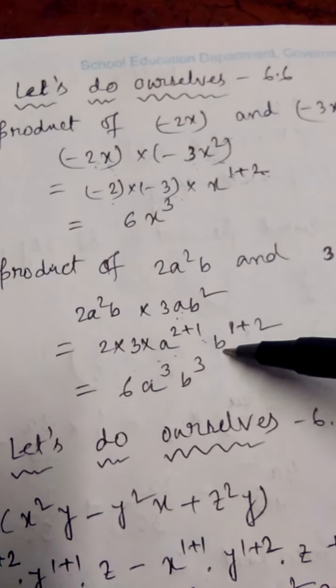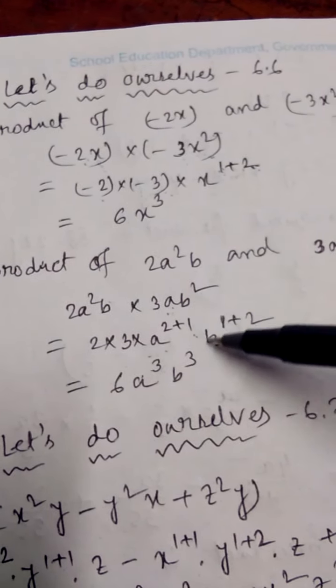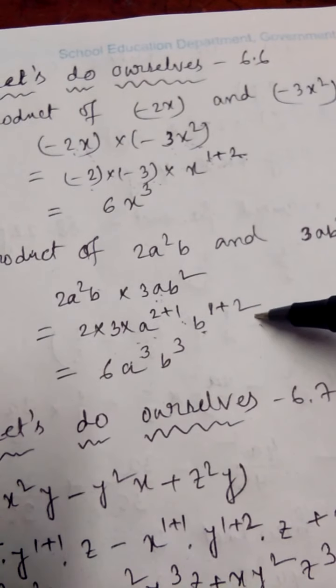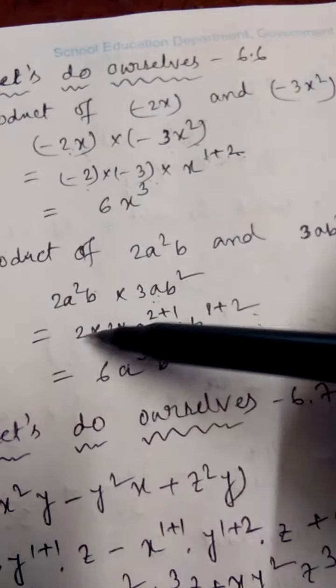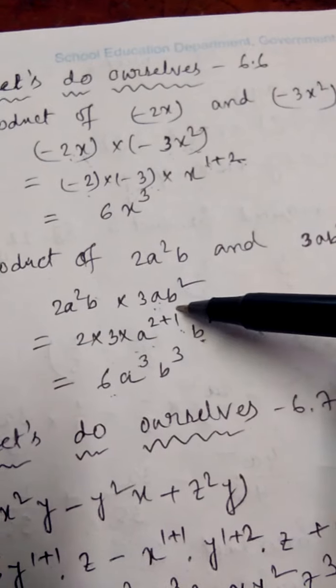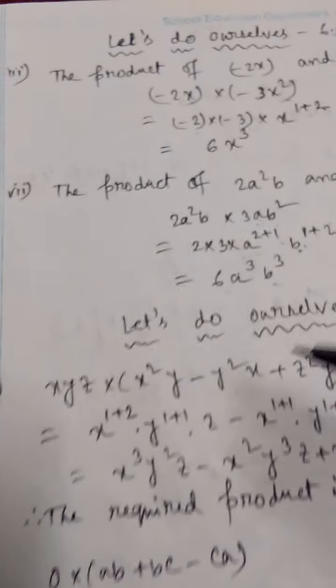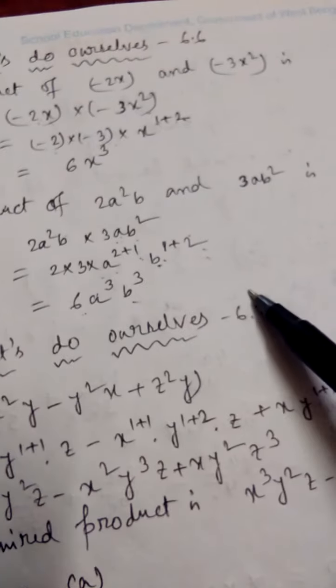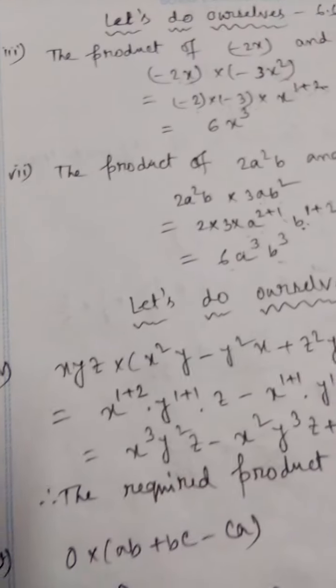In a similar manner, we shall get b into b square equal to b to the power 1 plus 2. So 2 into 3 is equal to 6, a cube, b cube. Therefore, the required product is 6a cube b cube.